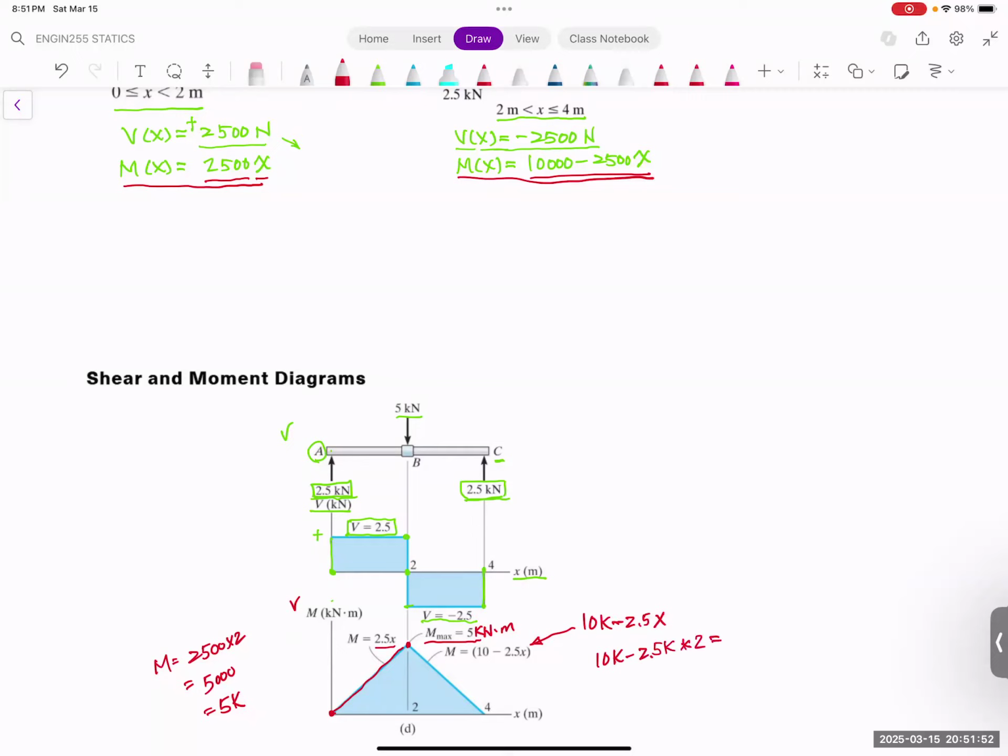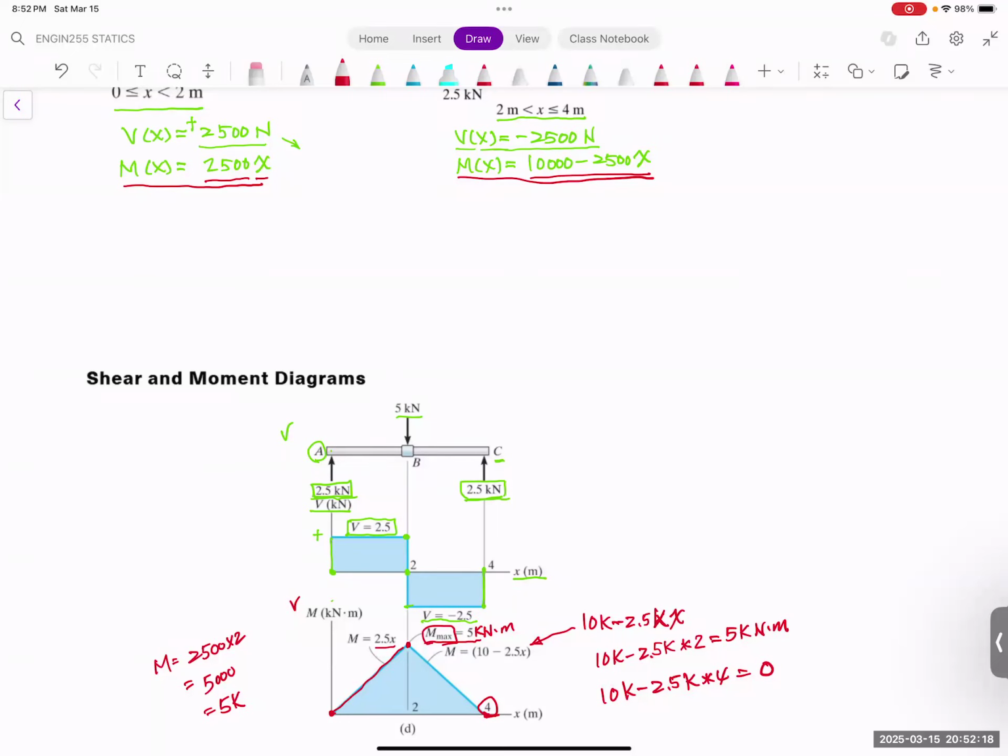That is going to be 5K Newton meter, and that is exactly what this value is. When x equals 4, you have 10K minus 2.5K times 4, and that is going to be equal to 0. And that is what this value is equal to.